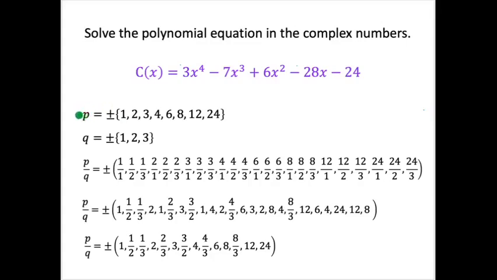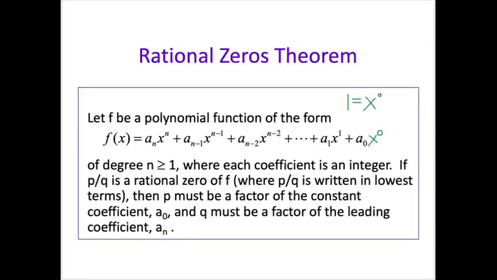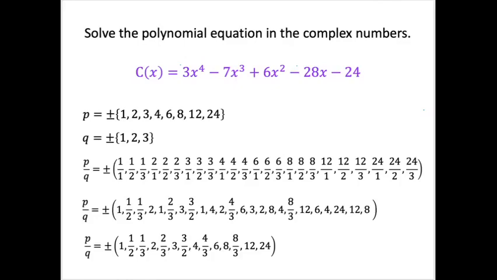And then p is going to be a factor of the constant. The constant here is negative 24, right? So p is a factor of the constant coefficient. So all the factors of negative 24, we have plus minus 1, 2, 3, 4, 6, 8, 12, and 24.